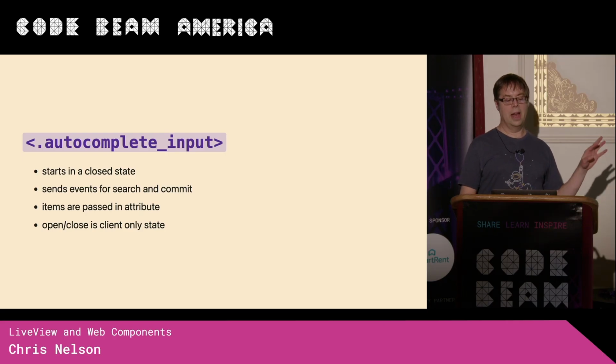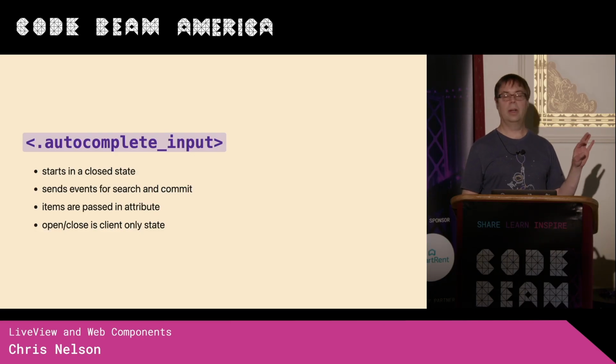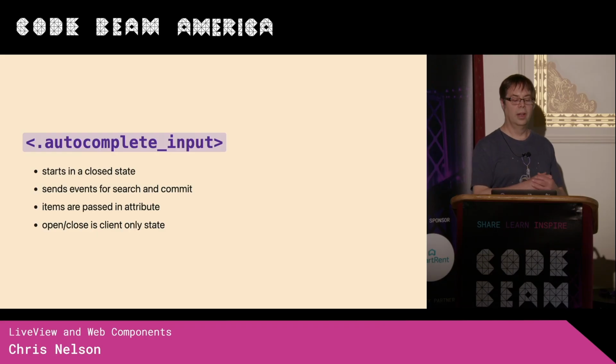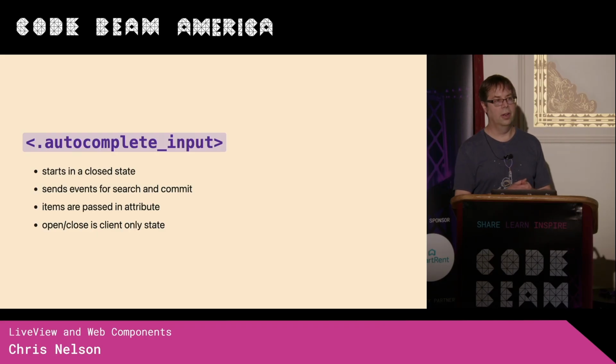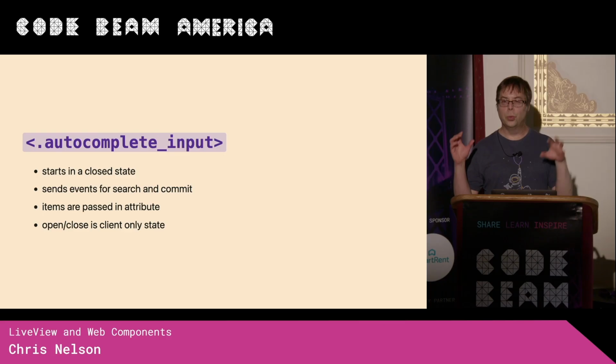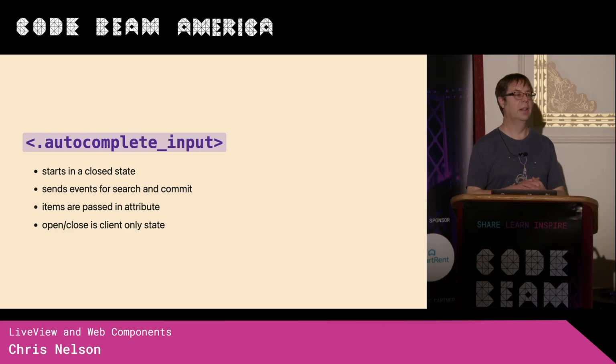Interestingly, that open and close state, we have decided for the purposes of this app we don't care about, so that's entirely client-side state. We could actually send events up and manage that in LiveView if we needed to, but we don't. It may sound really easy to say LiveView is just going to manage all of the state for our application, but if you really think in detail about any application, there's always some amount of state that's actual client-side state and is never going to make sense to have up on the server.